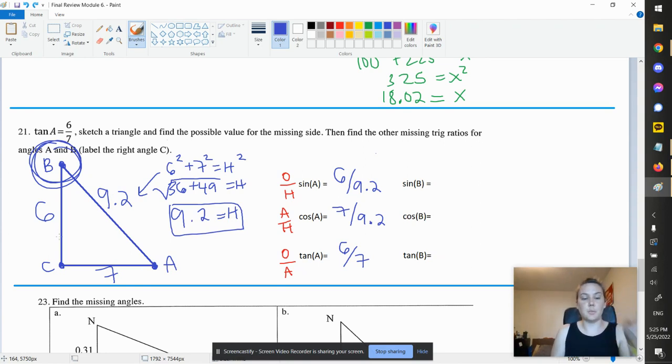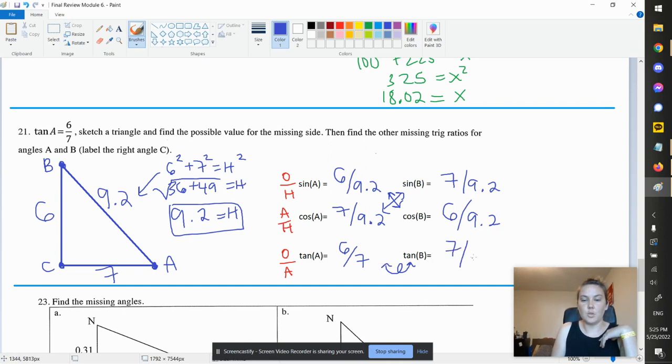So they're completely flipped as far as opposite and adjacent, which means these two are the same, and these two are flips or reciprocals of each other. There we go. We also could find the sine, cosine, and tangent of B by looking at the triangle. We don't have to be tricky. But if you want to be tricky, you can.